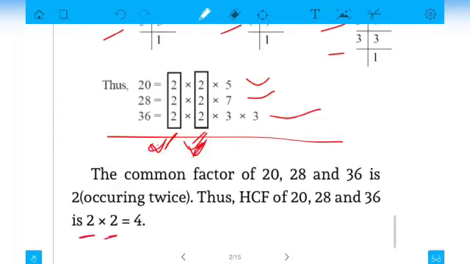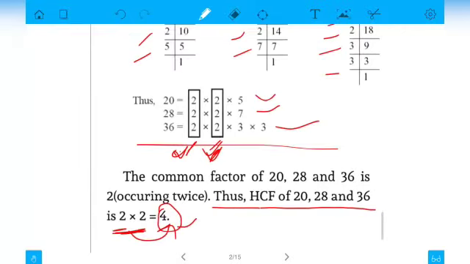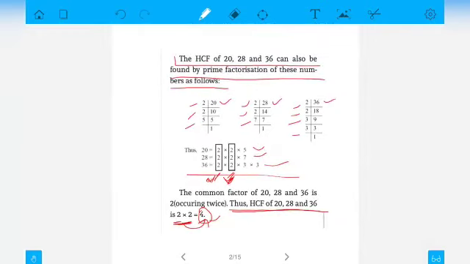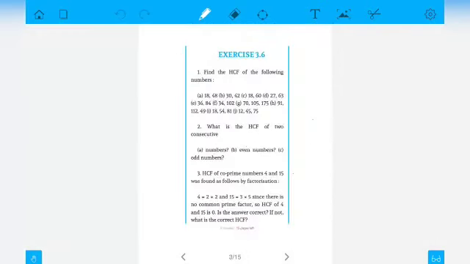So when we multiply it, we get the number 4 as their HCF. So the HCF of 20, 28 and 36 is 4. Dear students, this is the basic method of finding HCF, that is highest common factor.